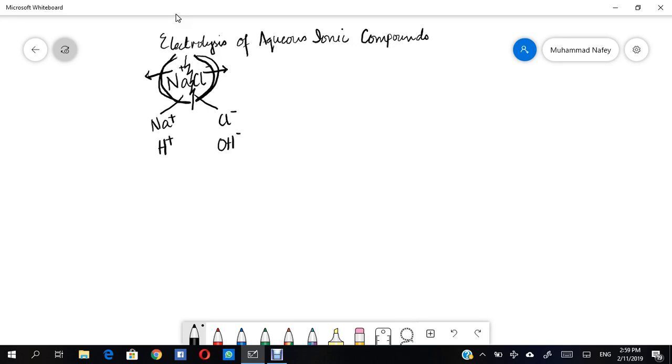Therefore, in the previous video, I told you that for any ionic compound dissolved in water, the total number of ions in the solution is not going to be 2 as was the case in molten ionic compounds, but rather 4. If we have, let's say, copper sulfate in an aqueous solution, we'll have copper ions and sulfate ions from the copper sulfate, and hydrogen ions and hydroxide ions from water.